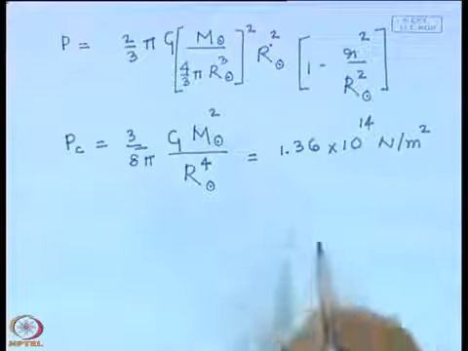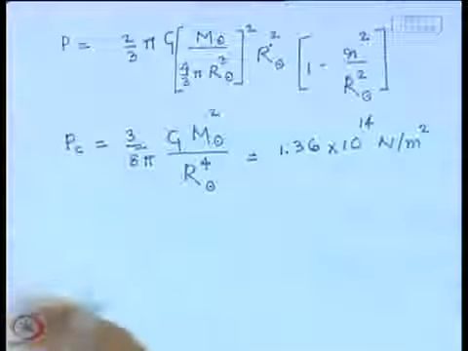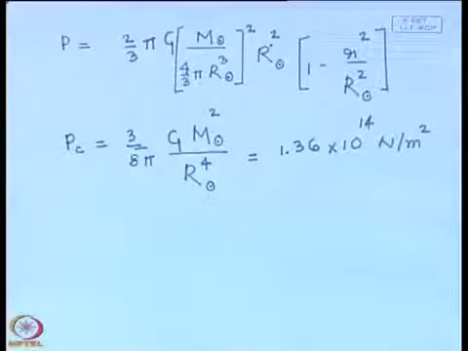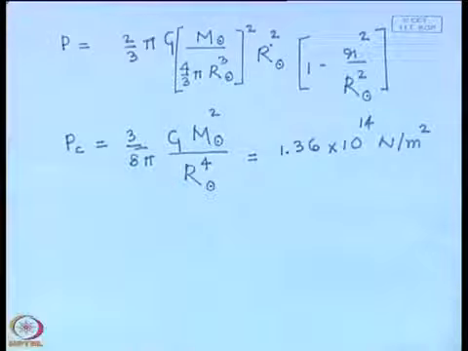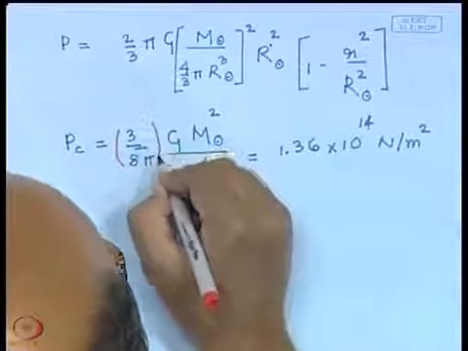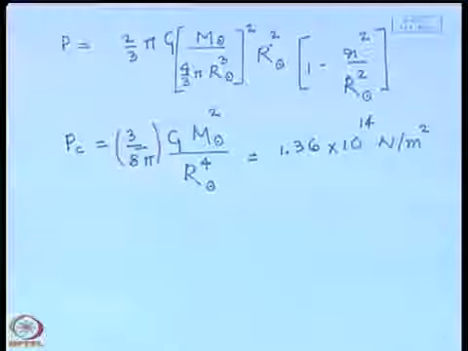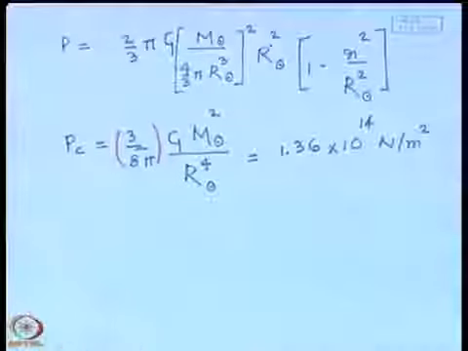Okay. So, this is an estimate of the pressure at the center of the sun. Now, I should point out that in this expression we have made some drastic assumptions, and these drastic assumptions give us this result. Now, in this result, this numerical factor depends crucially on the assumptions that you make. If you had assumed some density profile, then this numerical factor would have been different.